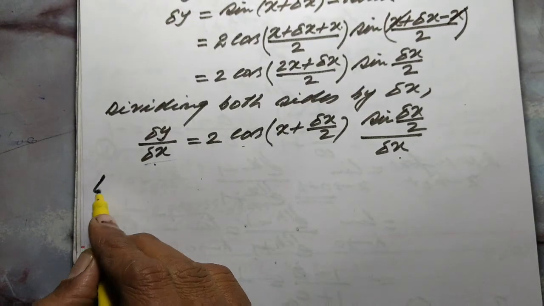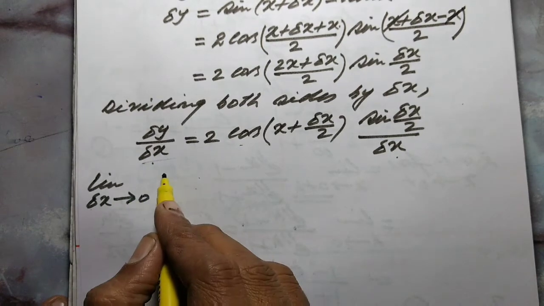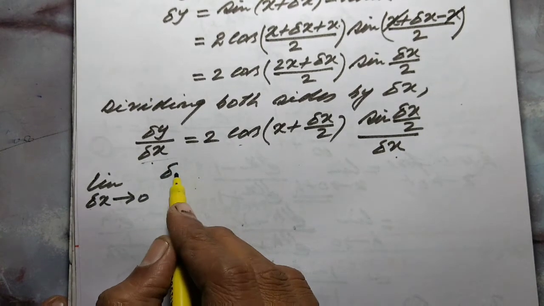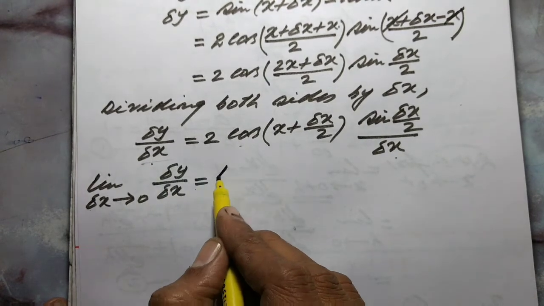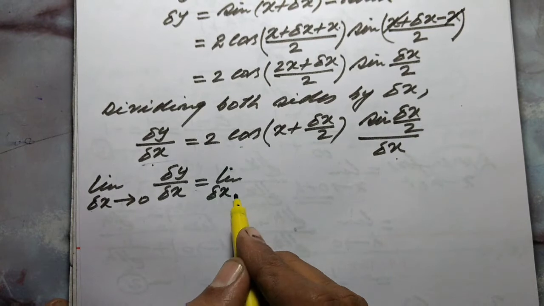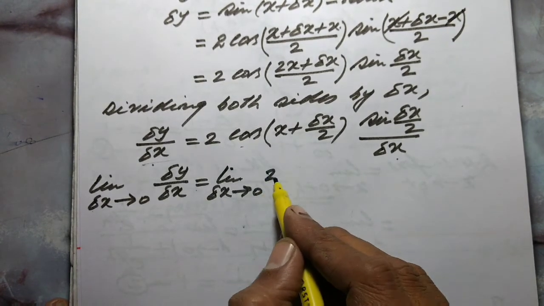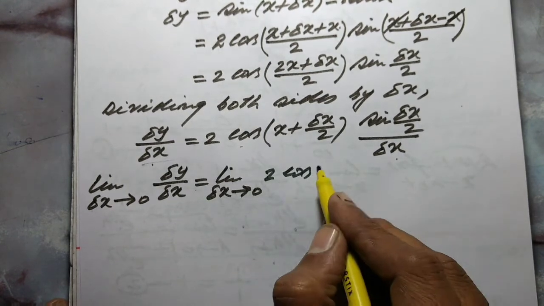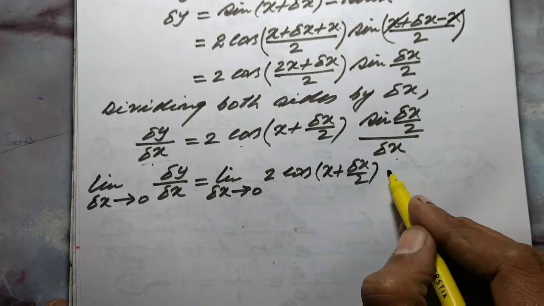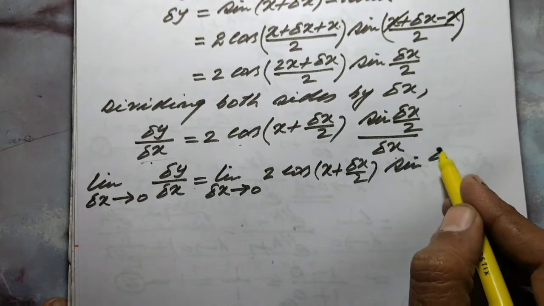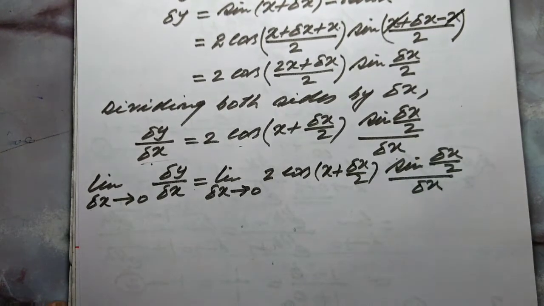Now taking limit delta x tends to 0 on both sides, limit delta x tends to 0, delta y over delta x is equal to limit delta x tends to 0 cos x plus delta x upon 2 into sin delta x upon 2 upon delta x.